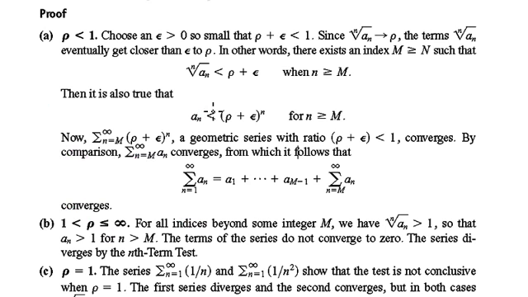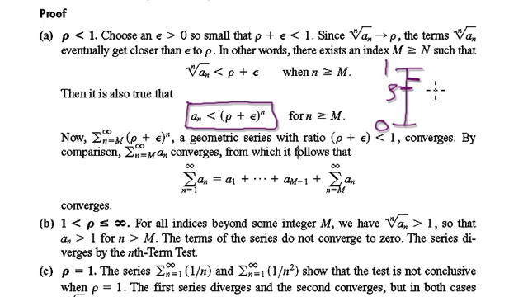So hang on. When you get to this stage here, in your mind, imagine this, 0, 1. It has a limit of rho, and then choose an epsilon, where rho plus epsilon is somewhere between rho and 1. So this is your R here.